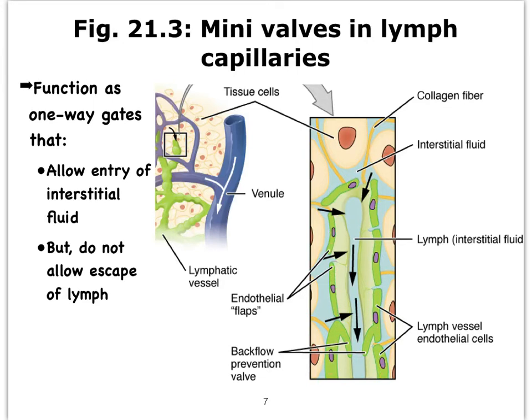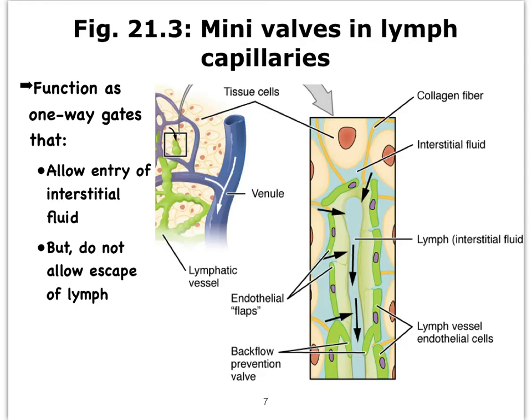We see that the simple squamous epithelial tissue that forms the walls of lymphatic capillaries can also be referred to as endothelium, or lymphatic endothelium, or the endothelium of lymphatic capillaries.